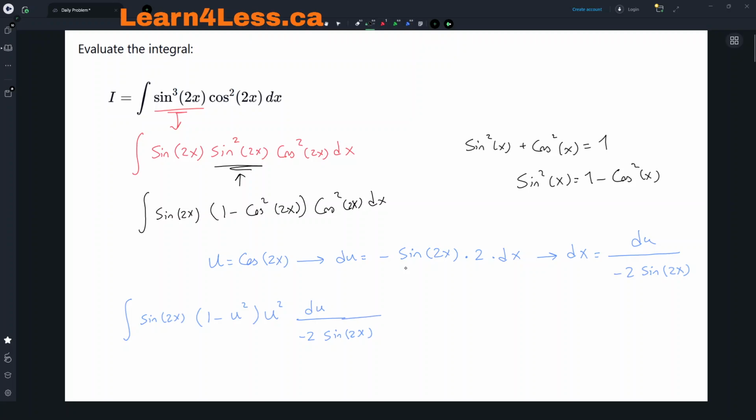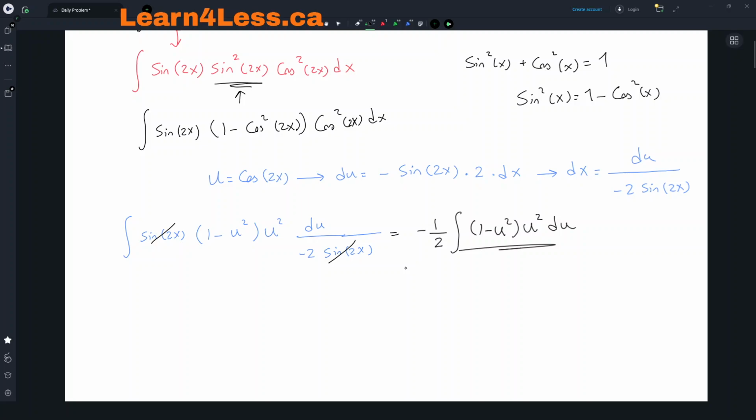Perfect substitution because it helps us totally get rid of this part, and overall this integral would be, if I take this negative 2 out, it would still be in the denominator. So it would be negative 1 over 2 times the integral of 1 minus u squared times u squared du.